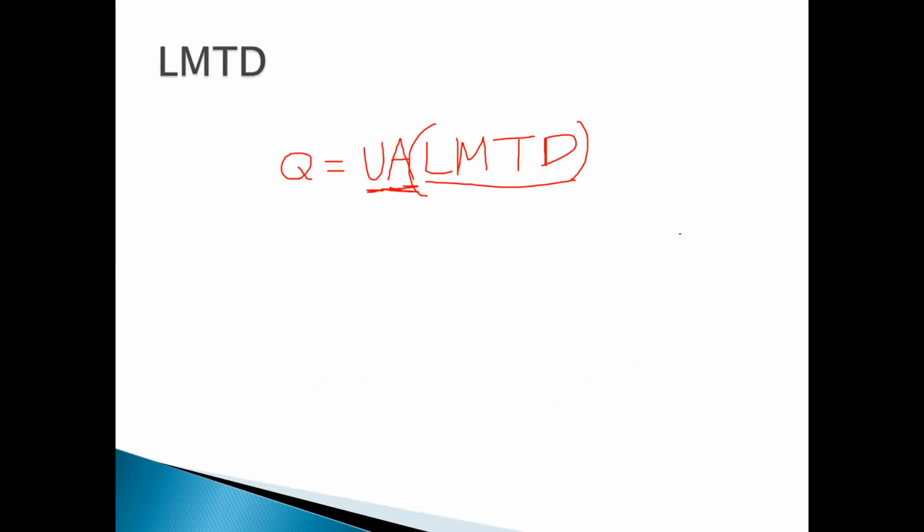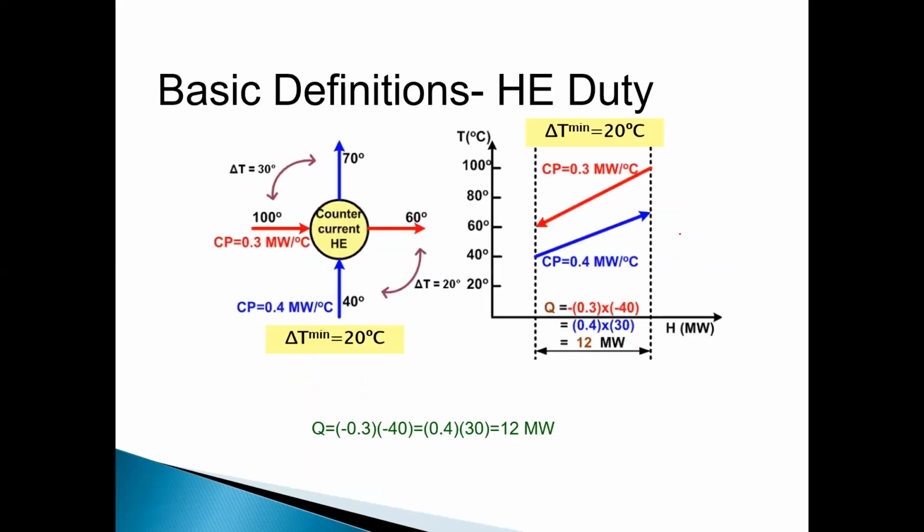Another definition to consider here is the duty of the heat exchanger. The duty is UA LMTD, as explained to you. This is the duty of the heat exchanger. So for example, in this heat exchanger, Q equals UA LMTD, or also MCP delta T, as you have studied in CHE 202 in the energy balance course.